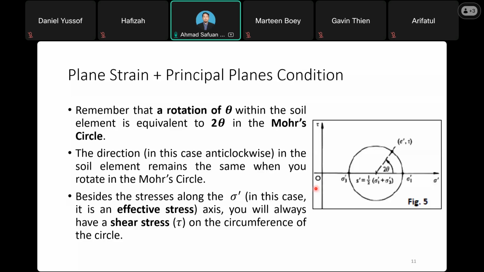So the direction, in this case anti-clockwise, in the soil element remains the same in the Mohr circle.